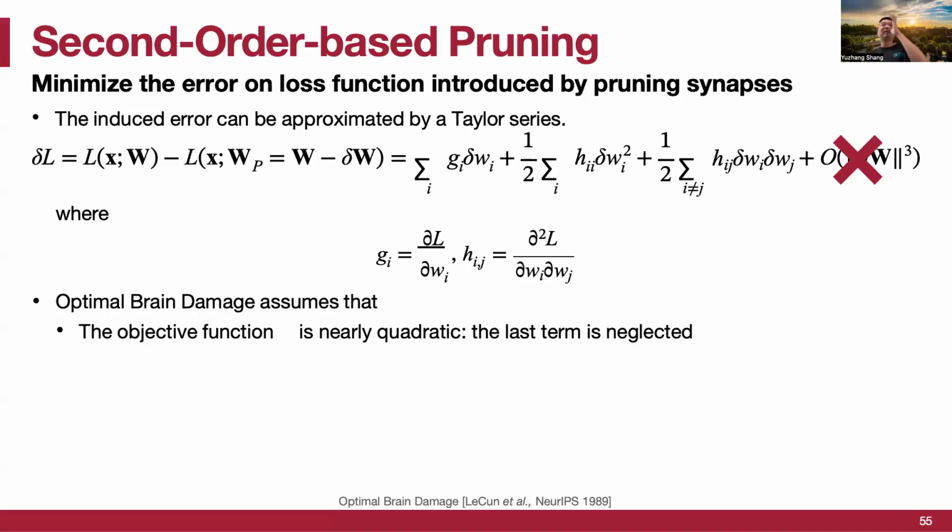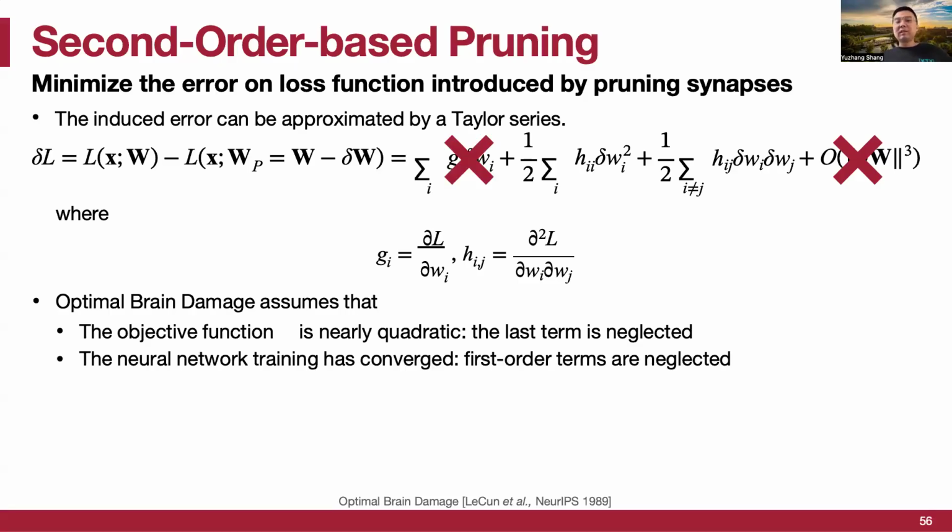This is a hypothesis. But if this first order term can be neglected, we can also get rid of this term, right? This is the first order term in our Taylor series, right?